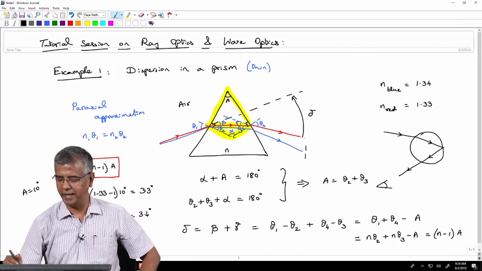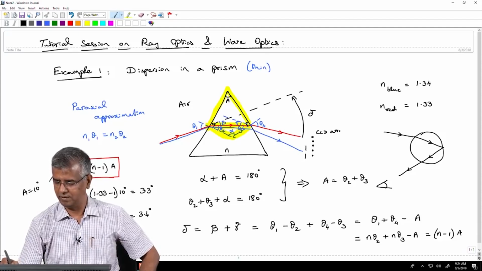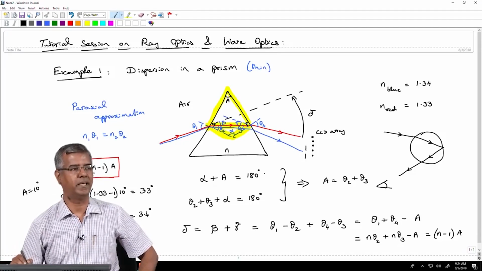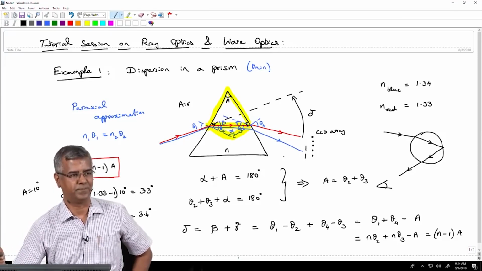In modern day, what we do is we actually put a CCD array over here. If you put a CCD array, each pixel is picking up a different color.